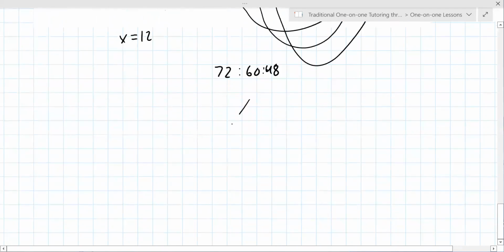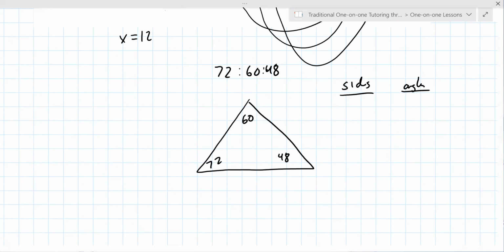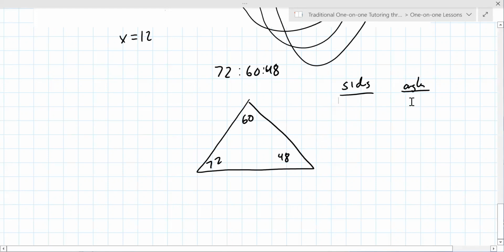If these were the three angles in a triangle, and don't assume that I've drawn it to scale, how would you label this triangle? What's a word that you could use to describe the sides and the angles of that triangle with these angle measures? Okay, so if you're stuck here, this is more vocabulary, but that's the stuff you forget.